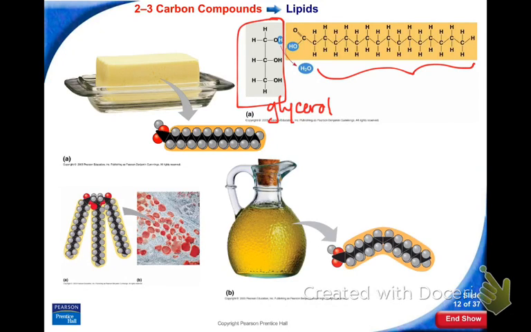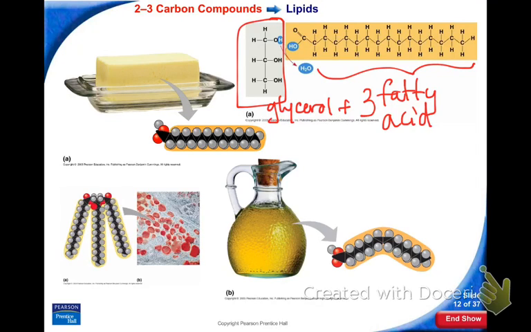And this long chain of carbons and hydrogens is called a fatty acid. And so in our typical lipid molecule, we'll have 1 glycerol plus 3 fatty acid chains. And the fatty acid chains can be straight or bent.